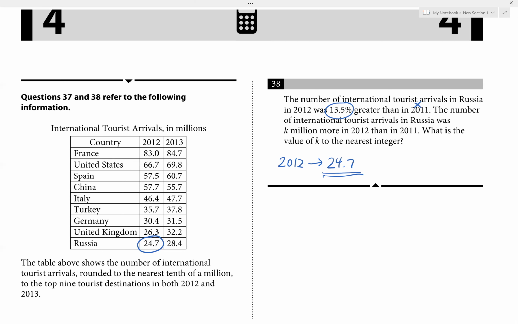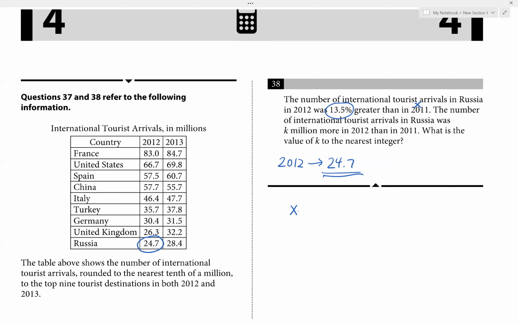To set up an equation here, X is the original amount in this case. After the word "than," that's what we're comparing to, so that's the original amount. So we can increase X by 13.5%, and that should equal the number for the year 2012, which is 24.7.